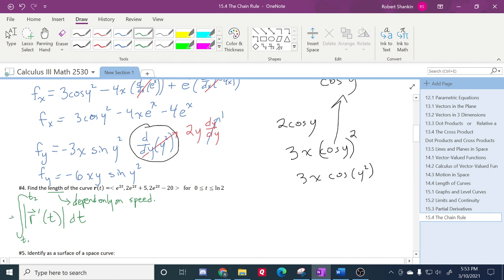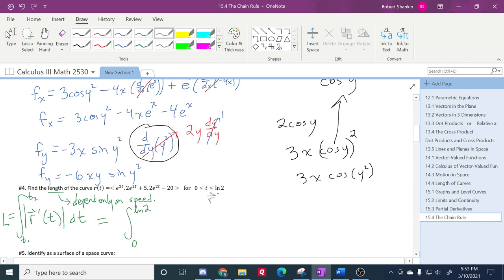That's the length of the curve. So we're going to work it out. This is going to be the integral from 0 to ln 2. The magnitude, well, we first got to figure out what r prime is.